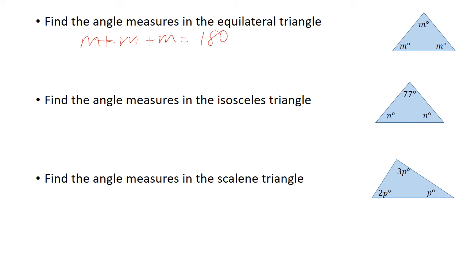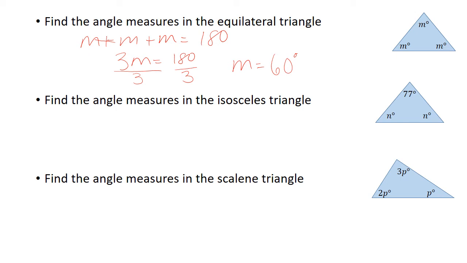We can combine our m's, so we have 3m is equal to 180. So to find out what our m is, we need to get it alone. So we'll divide the 3 out. And our m is going to be equal to 60 degrees.